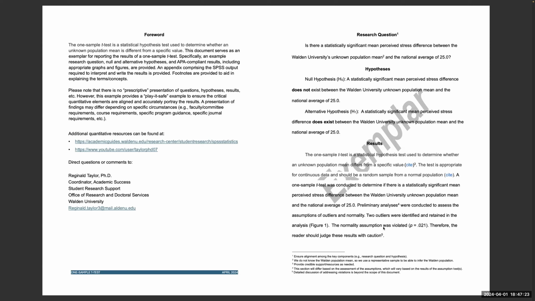Reggie, I have a question for you. Yes, so if you were looking at the alternative hypothesis on the slide, or the null, if the wording were different, in that the alternative hypothesis was that the Walden University sample would have a higher stress compared to the national average. Not a difference, but a higher. Would you then use the one-sided test?